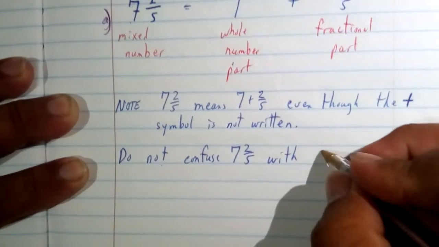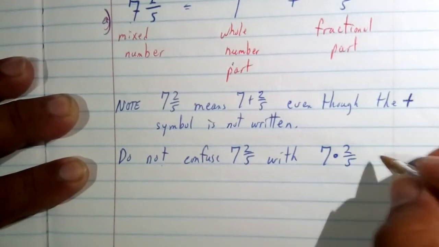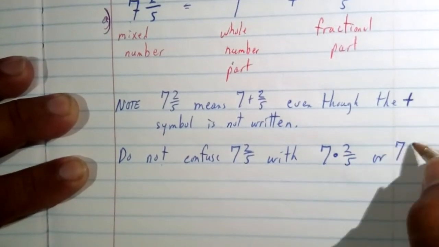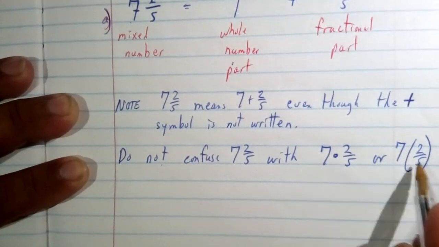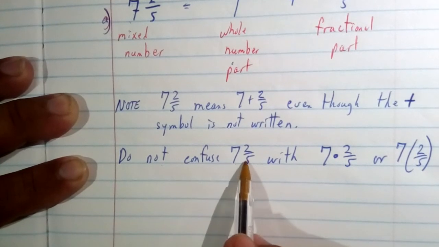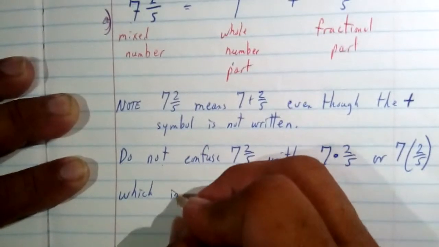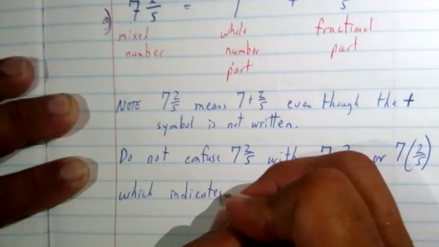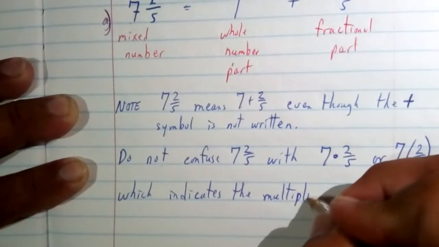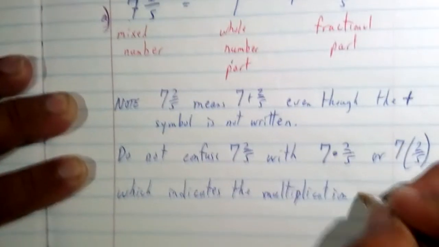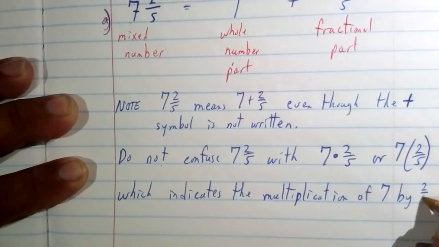with 7 and the little dot, which means times 2/5, or 7 times 2/5. This means times, but this is not times, this is addition, which indicates the multiplication of 7 by 2/5.